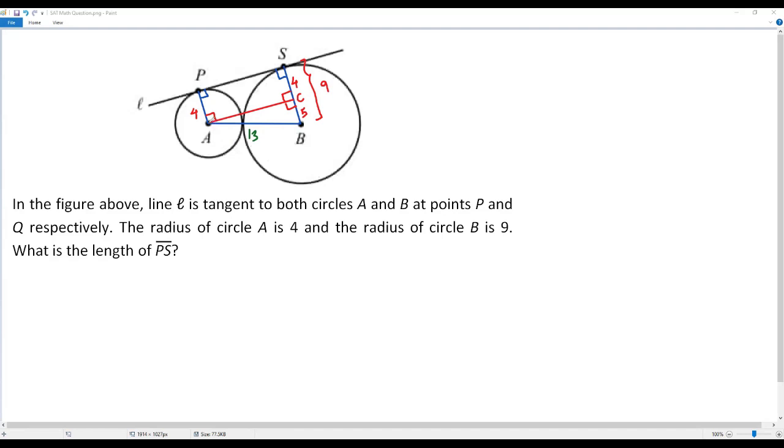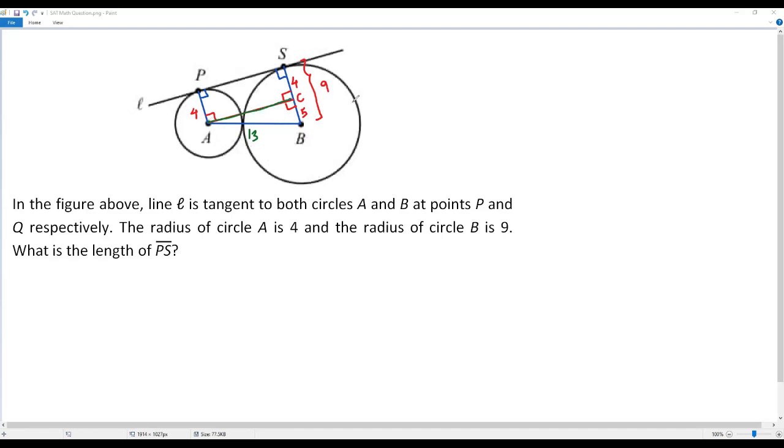Now let me consider the right triangle ABC. In this right triangle, AB is the hypotenuse because it is opposite to the right angle, and its length is 13. Now let's consider the other two legs, AC and BC. The length of leg BC is 5. In this right triangle ABC, we can use the Pythagorean theorem to get the length of leg AC.